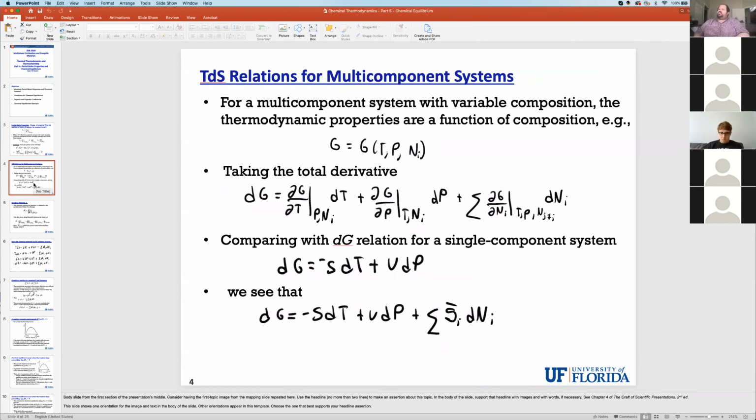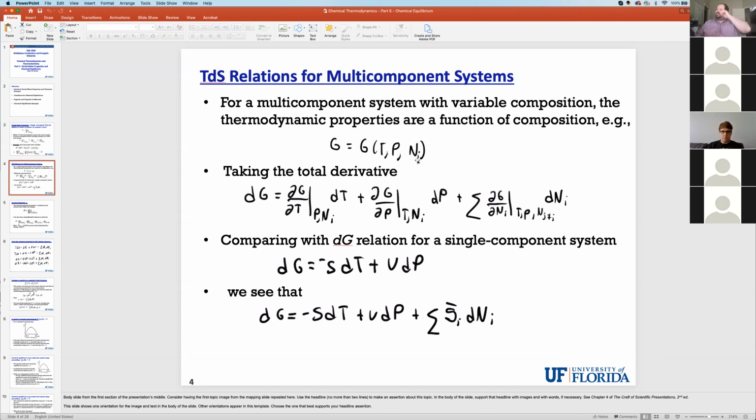Now we want to do chemical equilibrium for a real gas. We need to consider the TdS relations for a multi-component system. In a multi-component system, the enthalpy, Gibbs free energy, internal energy, etc., are not only a function of temperature and pressure, or temperature and volume, but also of the number of moles of each species.